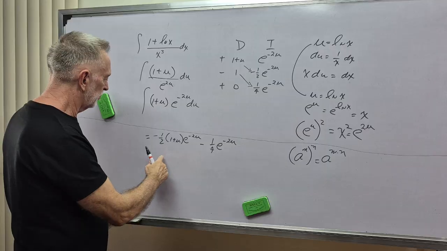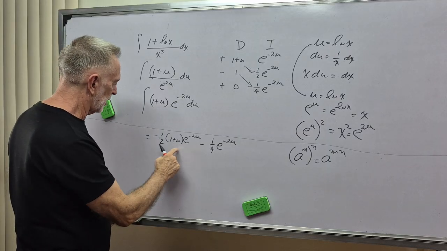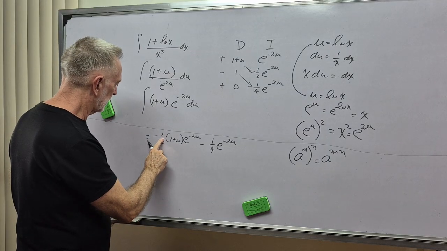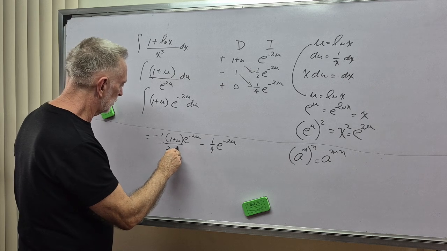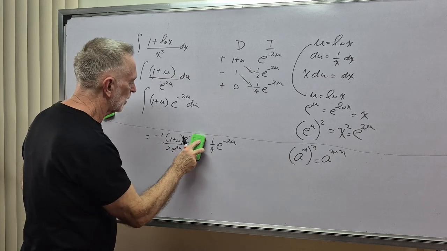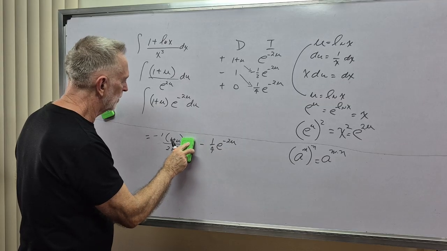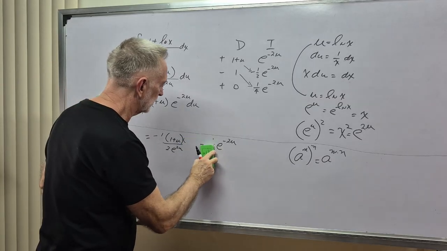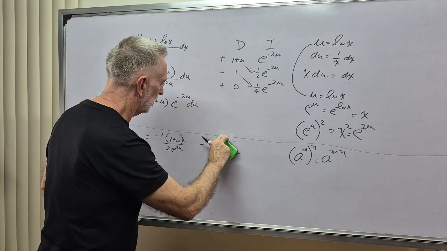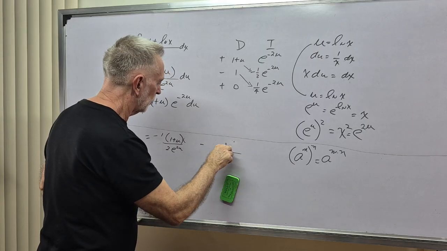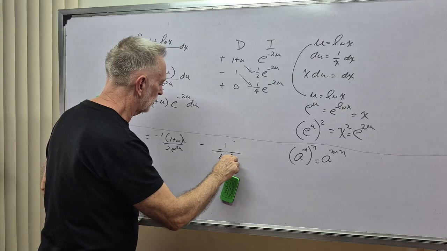Now we could put those into the denominator. Matter of fact, I think I'll just do that here. 2e to the 2u, this would be minus 1 over 4e to the 2u.